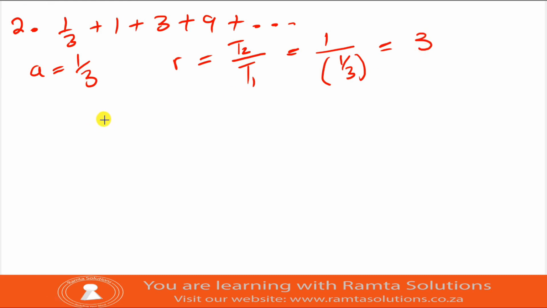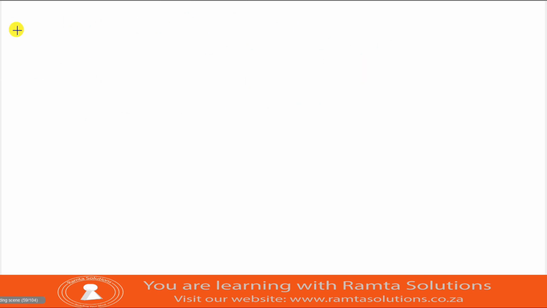So here it does not converge. Remember, we said r must be greater than -1, but less than 1. 3 is not less than 1. 3 is greater than 1. So this does not converge, so you cannot find sum to infinity. I leave it here.